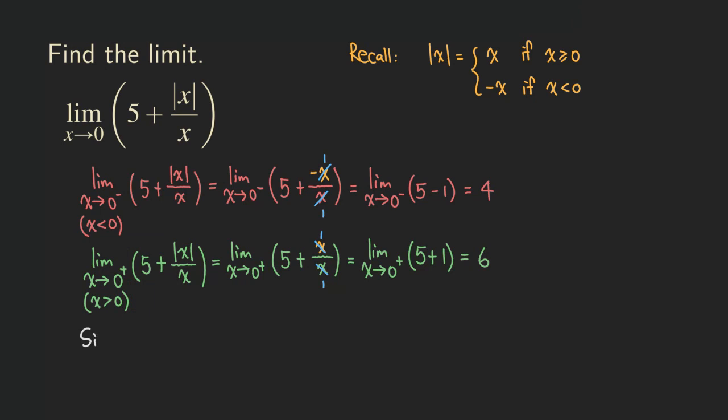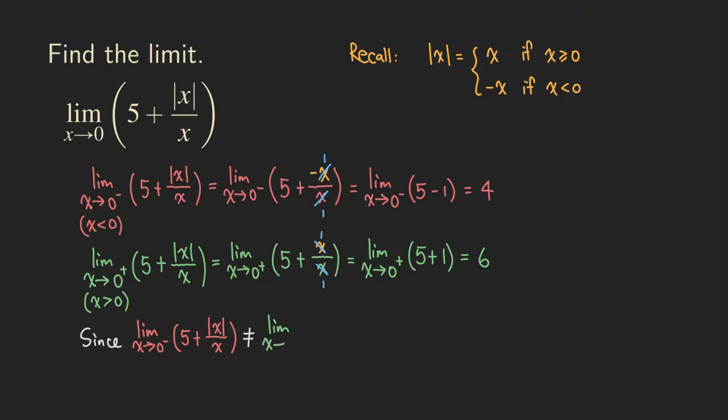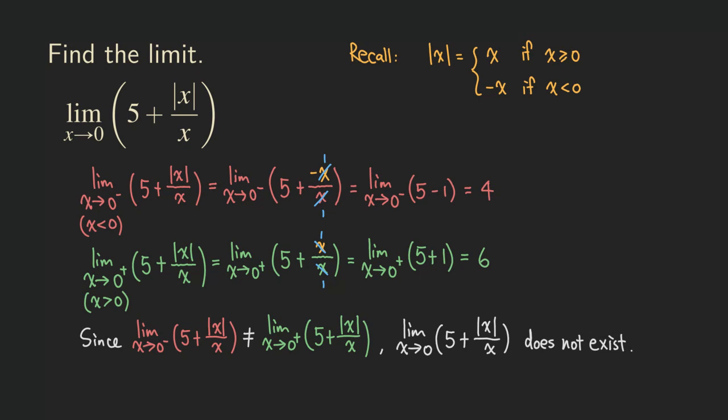Okay, so now we'll say that since the left side limit of the function is not equal to the right side limit, we say that the two-sided limit, right, this one, which is our original limit problem, does not exist because the left side limit is not equal to the right side limit.